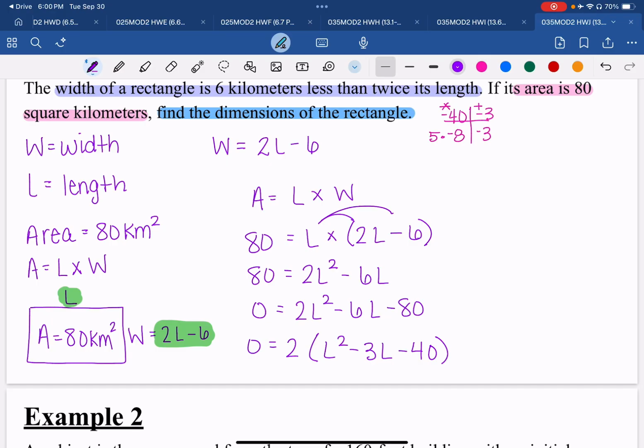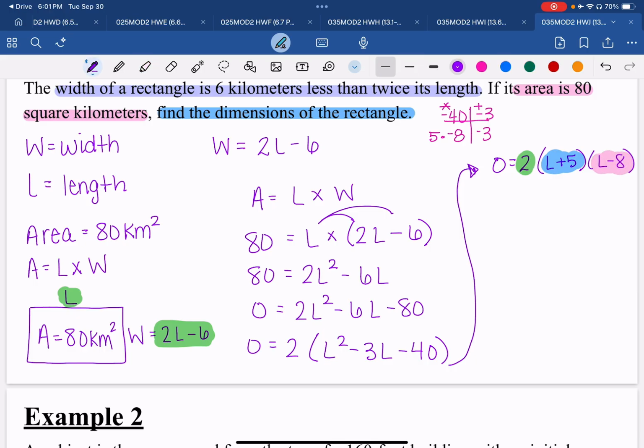So that means 0 equals, I've got 2, this is going to be L plus 5 and L minus 8. I'm going to use the zero factor property that says each one of these things, right? So I've got 1, 2, 3.